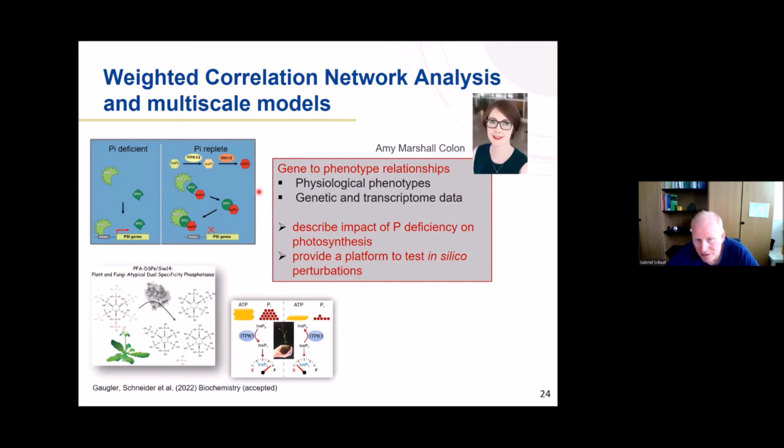So this will allow gene to phenotype relationships. And this will require physiological phenotypes, but also the genetic and transcriptome data that we are currently doing. And this can be used then by her lab to describe the impact of P deficiency on photosynthesis, but also to provide a platform to test in silico perturbations.